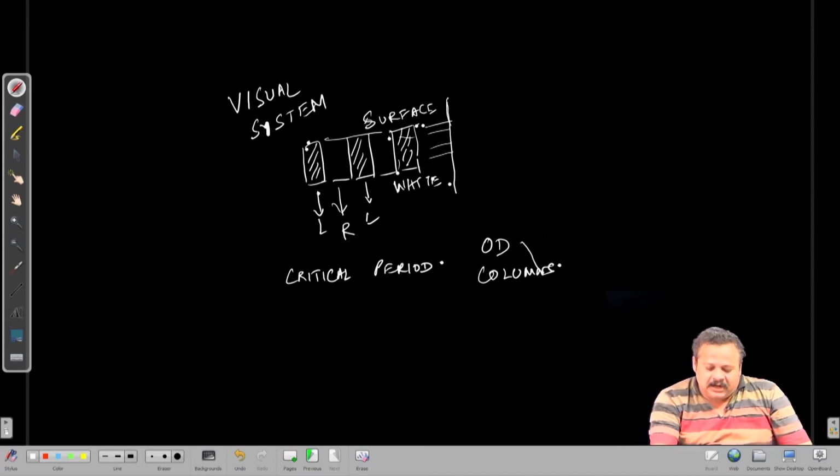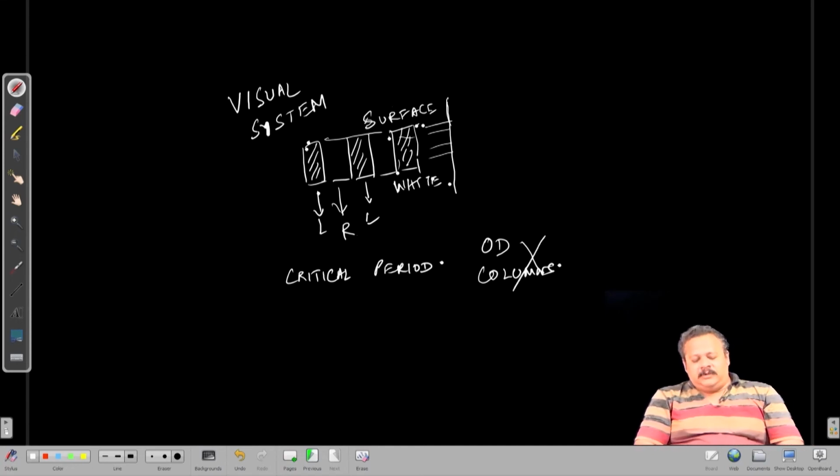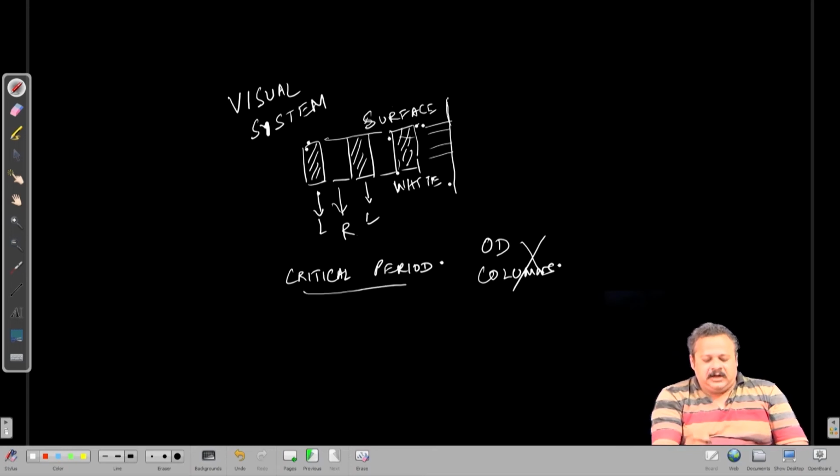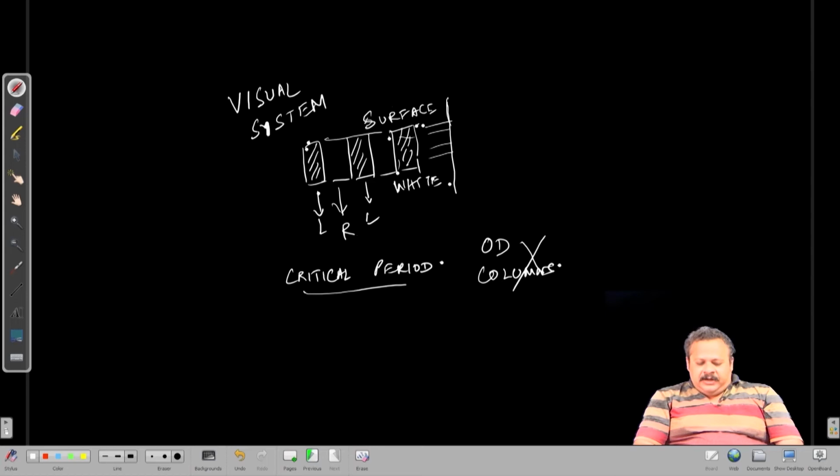So, these are gone from the visual deprivation of one eye in the critical period. There are many more examples. I took only a few of the three systems to show you what this kind of plasticity is like.